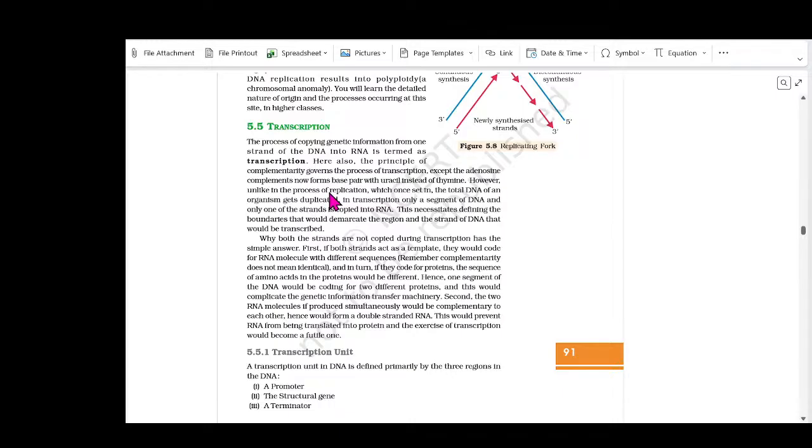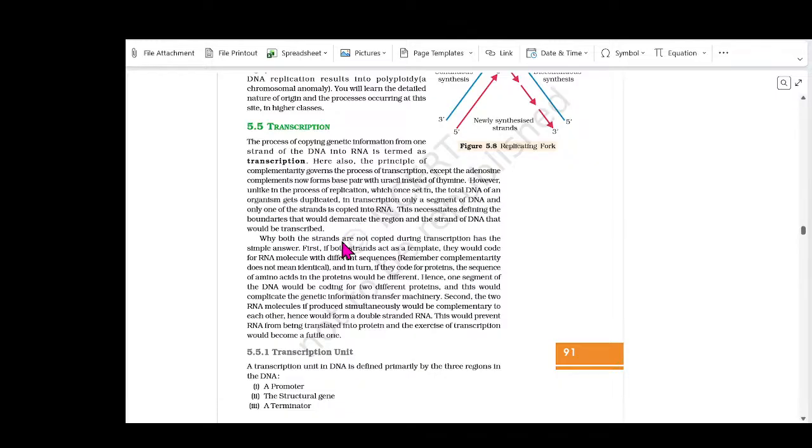However, unlike the process of replication, which once set in, the total DNA of an organism gets duplicated, in transcription, only a segment of DNA and only one of the strands is copied into RNA. This necessitates defining the boundaries that would demarcate the region and the strand of DNA that would be transcribed.